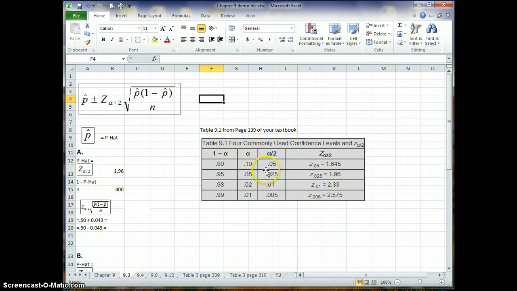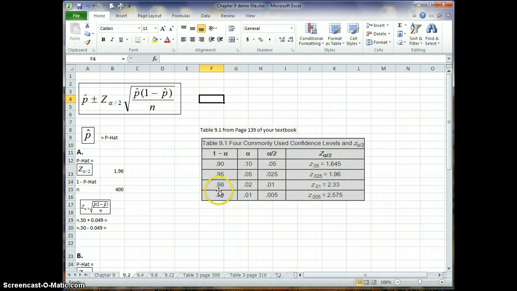And in this case, we're going to do both the upper limit and the lower limit, the lower confidence level, LCL, and the upper confidence. So here's where we get the formula. We divide the alpha in half, so it's this 0.025, and the z-score for 0.025 is 1.96.